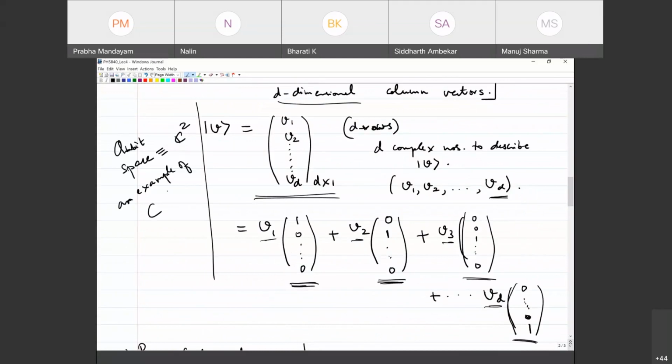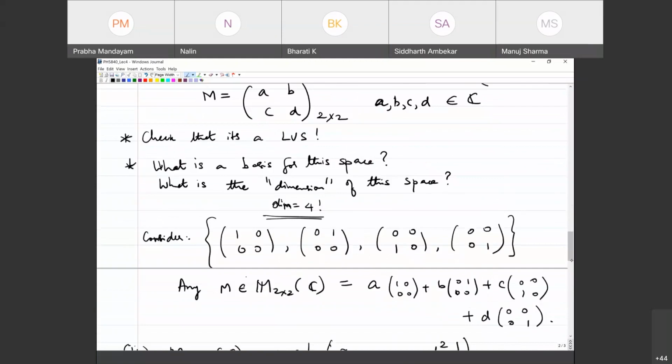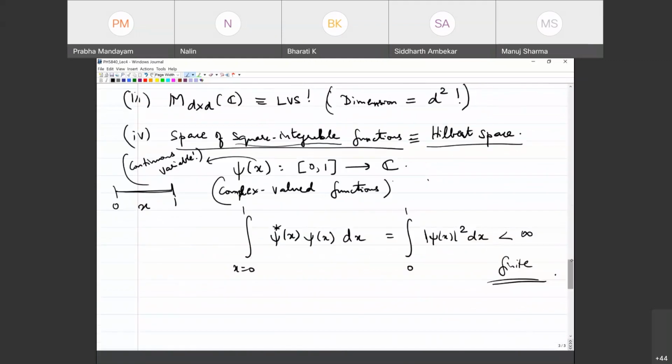And of course, the d cross d complex matrix space is also finite, but this is our first brush with an infinite dimensional space because this is now a continuous variable x. And one cannot span the space with just a finite set of elements. One needs an infinite family of functions which will constitute a basis for these kinds of spaces.